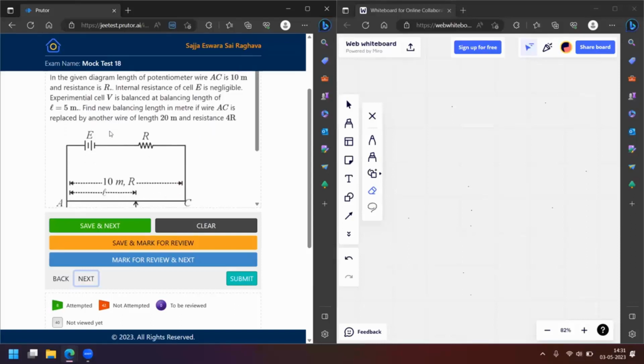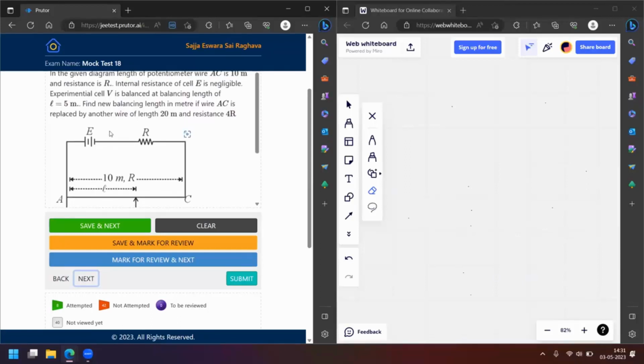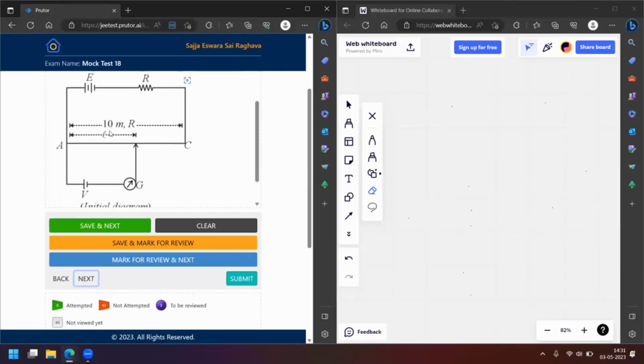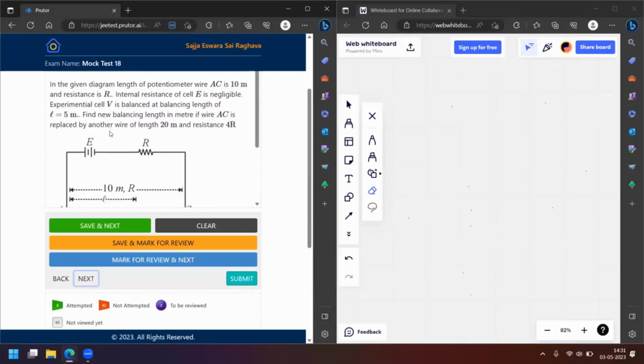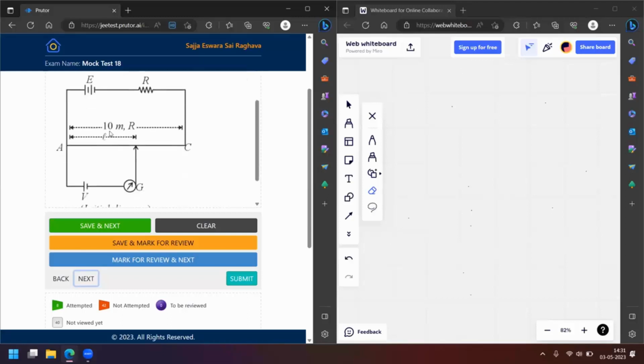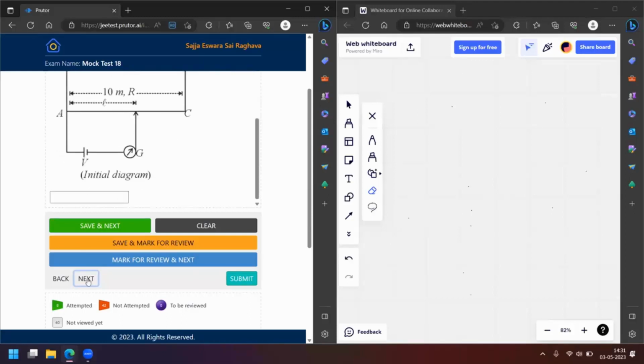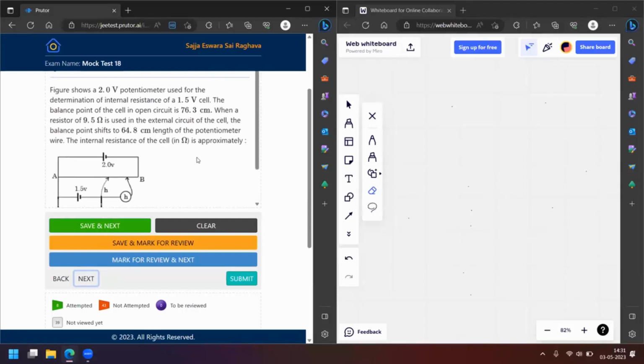Since only the AC is replaced, first we can find the voltage of the circuit using the given circuit. After that we can find the new balancing length using the potentiometer formula.